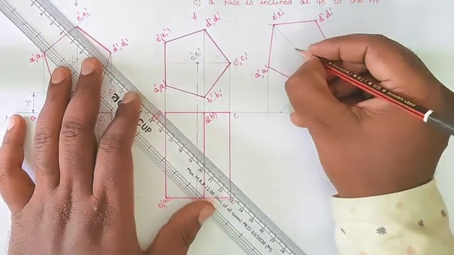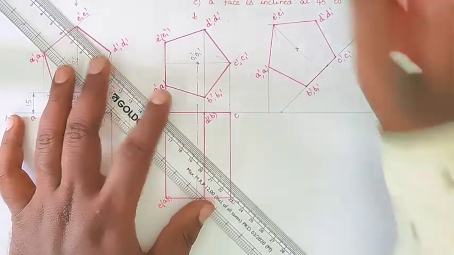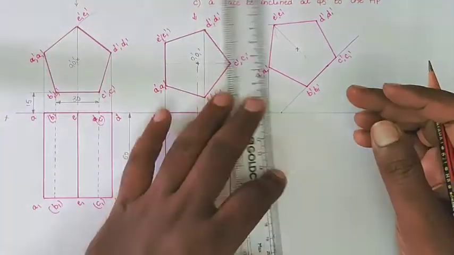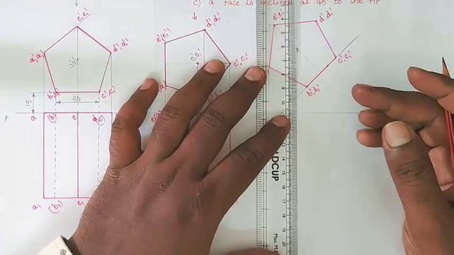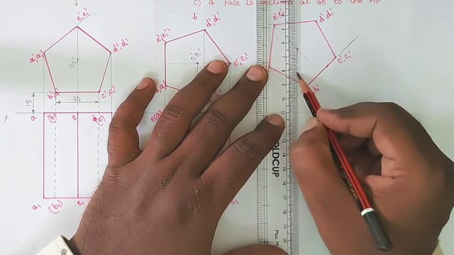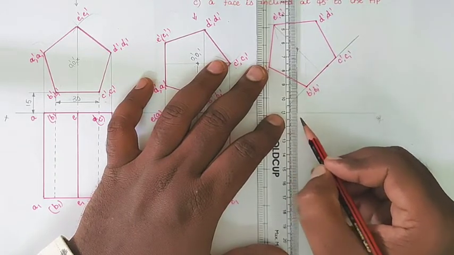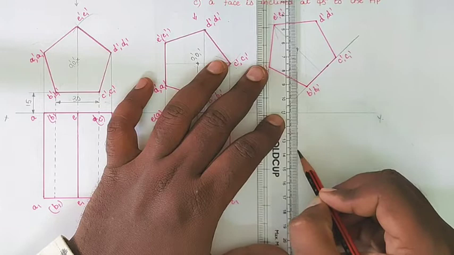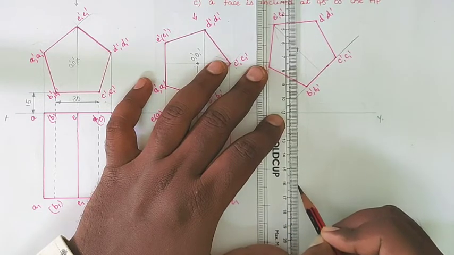So here you can draw the center of the pentagonal prism. So after locating the center, through the center we will draw the axis line. So the axis height, they are giving 60 mm.